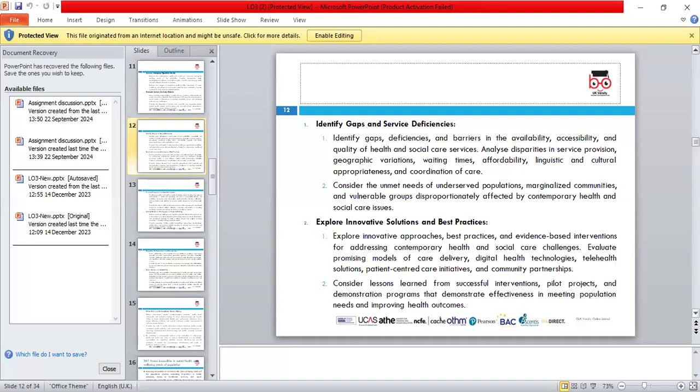You have to consider lessons that you've learned for successful interventions, pilot projects, and demonstration programs that demonstrate effectiveness in meeting population needs and improving their health outcomes. So you need to ensure that the lessons learned, data, or information are included in decision making on the demonstration programs that you do.